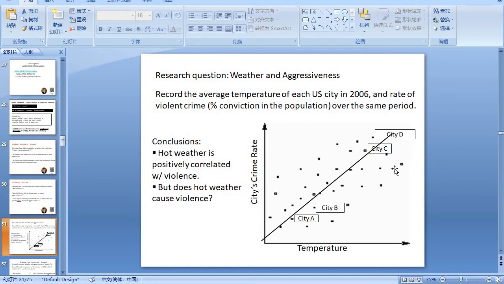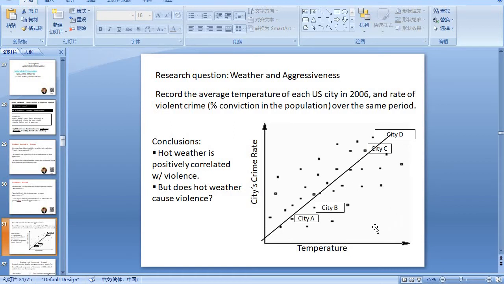You plot maybe 50 cities, so each city gives you two numbers. You have a sample of 50 cities, maybe 100 cities. The larger the sample, the better data you get. And by plotting all the cities' values on the scatter plot, you can see a trend, or a pattern.